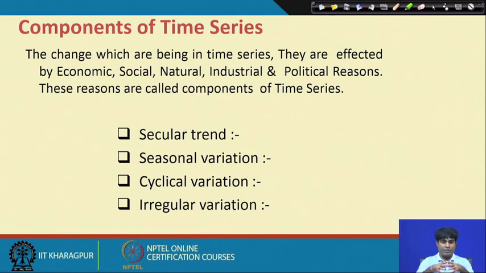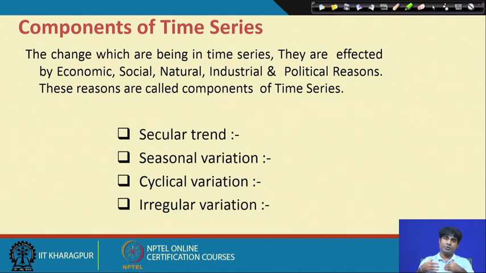The changes in a time series are affected by many factors: economical, social, natural, industrial and political factors. These are typically called time series components, and accordingly we have the structure called secular trend, seasonal variation, cyclical variations and irregular variations.